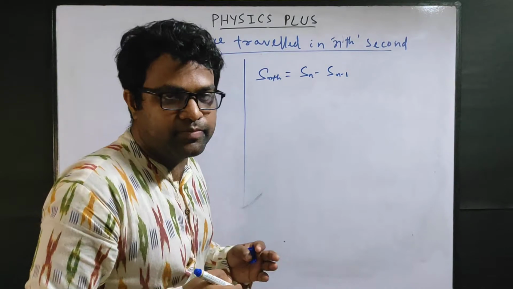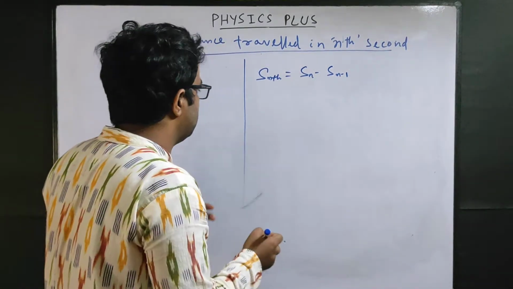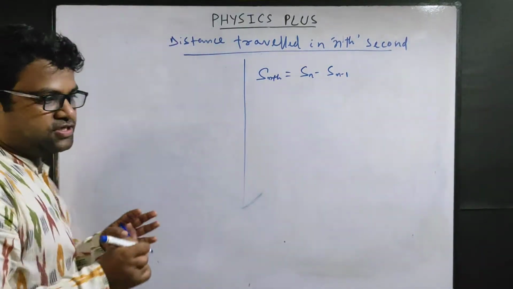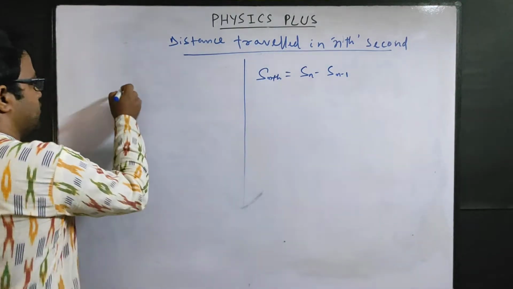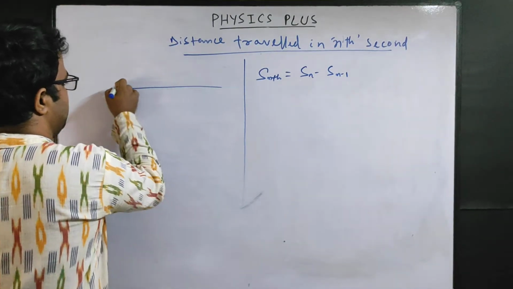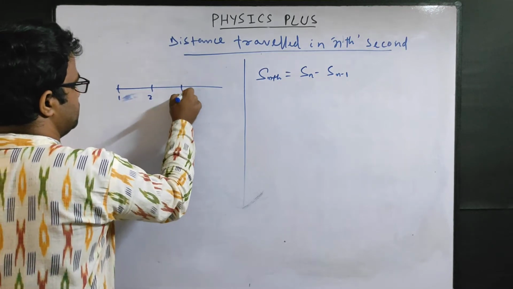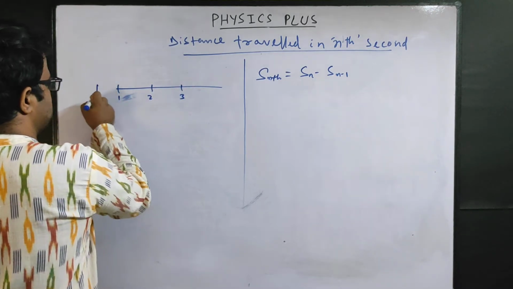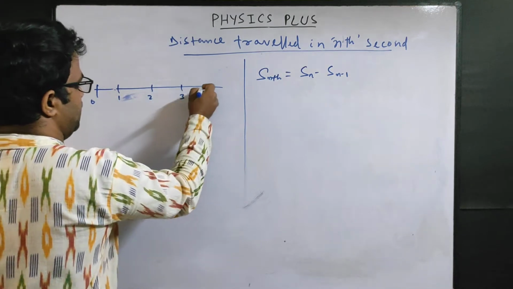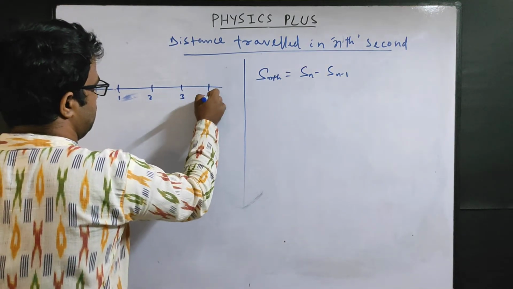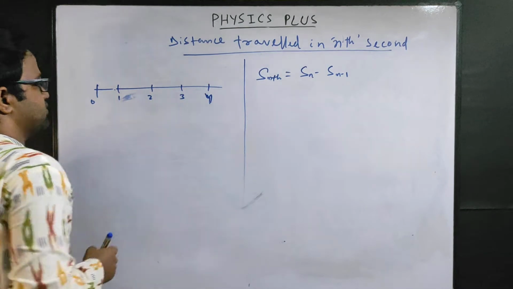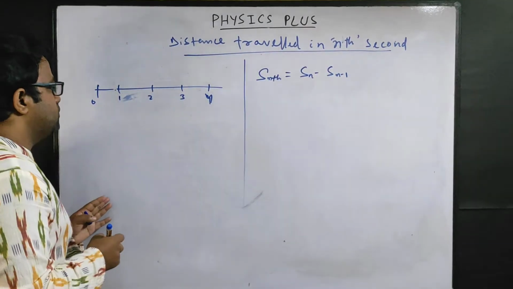What does that mean? Suppose the object travels like this: this is 0, this is 1, 2, 3, and this is 4.